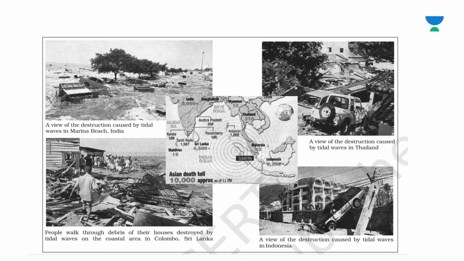Now friends, see the picture, the view of destruction caused by tidal waves at Marina Beach, Mumbai. And the second one is the destruction caused by tidal waves in Thailand. The people walk through debris of their houses destroyed by the tidal waves on the coastal areas in Colombo, and a view of the destruction caused by tidal waves in Indonesia.